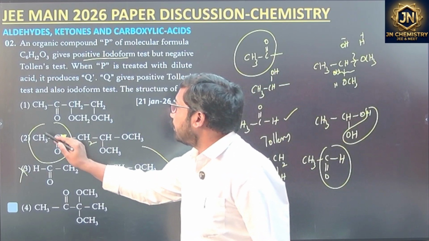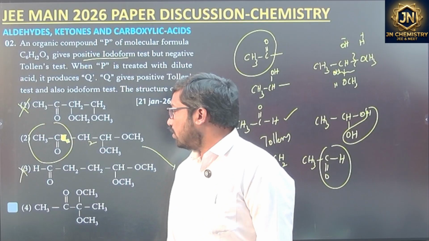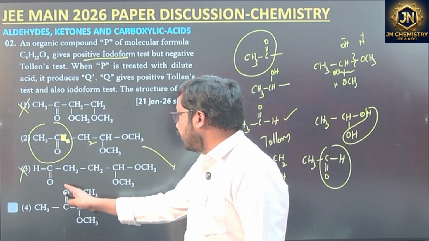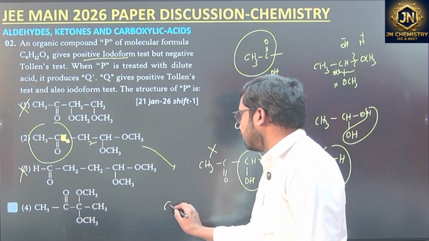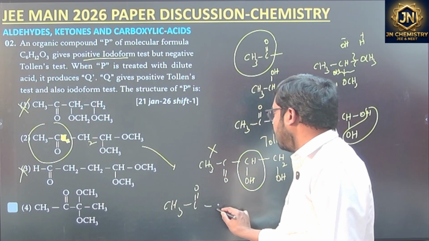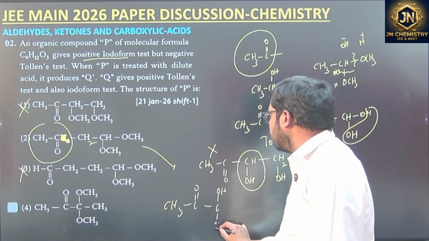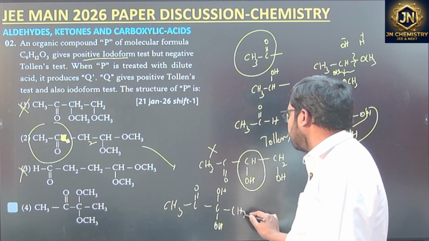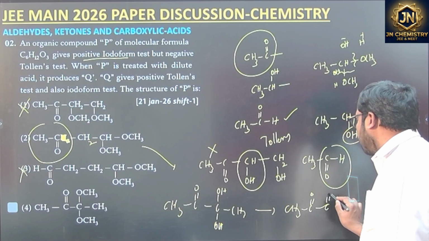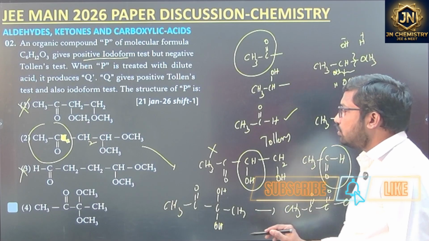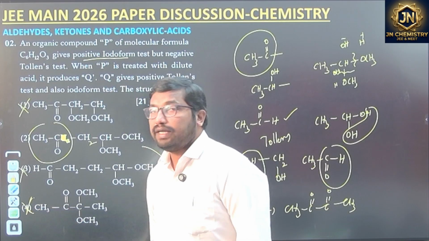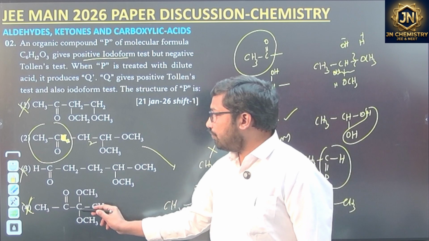So according to POE, option 1 is also wrong. And here, as I already told you, CH3C=O, then after doing the hydrolysis, OH, this will convert into CH3C=O, C=O, CH3. This also won't give the Tollens test, because here we will get a ketone.